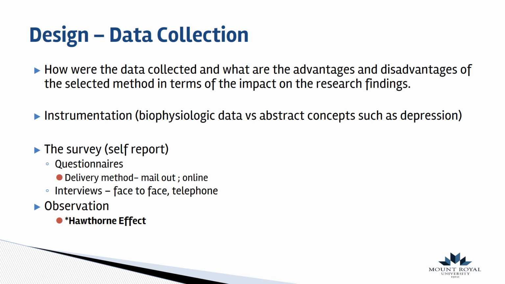And then with non-experimental research, there is this notion of the survey and this notion of self-report. So usually in the limitations section, researchers will identify that sometimes self-report can be an issue because you never know if people are truly telling the truth or how they interpreted the question.